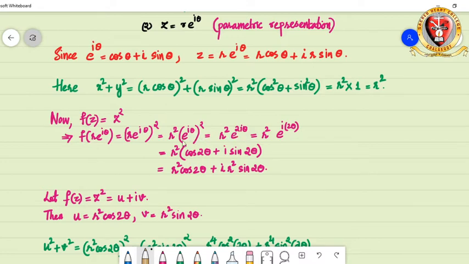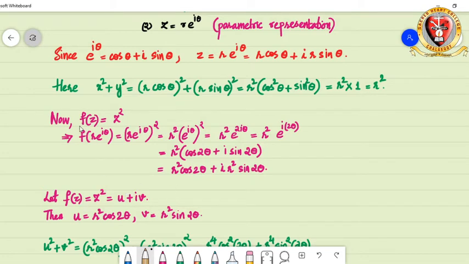These are all properties of the exponential function. And e raised to I into 2 theta, by the equation we mentioned earlier, is equal to cos 2 theta plus I sin 2 theta. So this is what we obtained when we applied the map f on z.